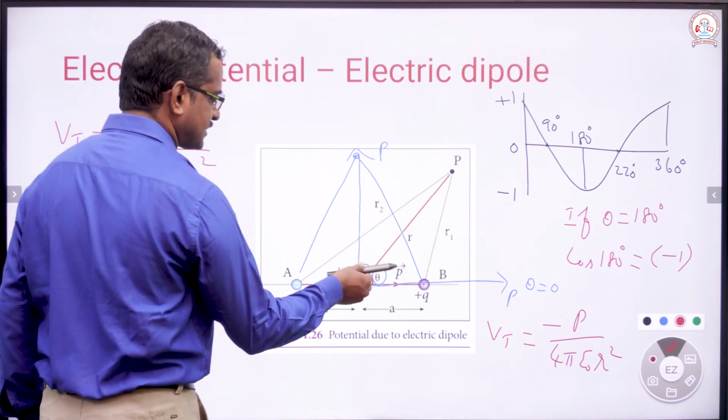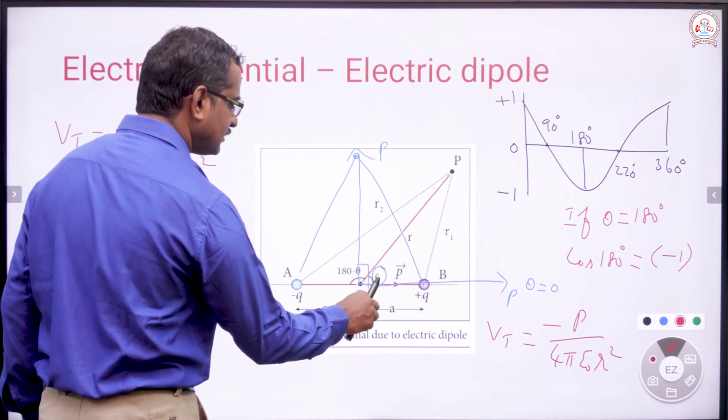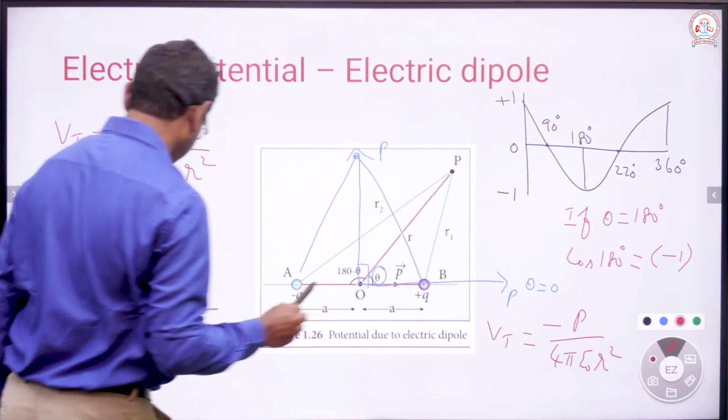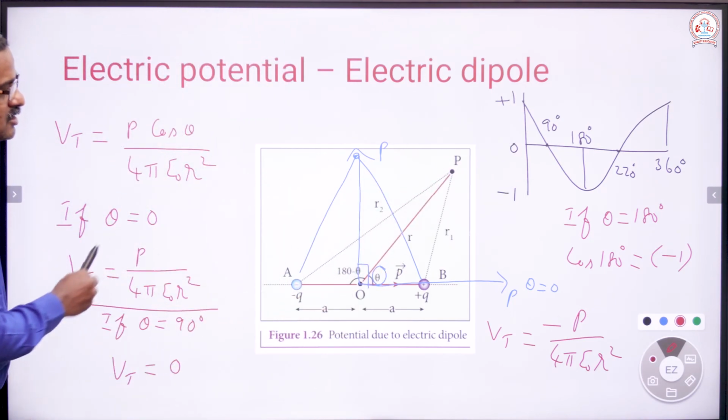If the point P is considered along the axial line, then theta is equal to 0. Cos 0 is plus 1, therefore we get p by 4 pi epsilon naught r square.